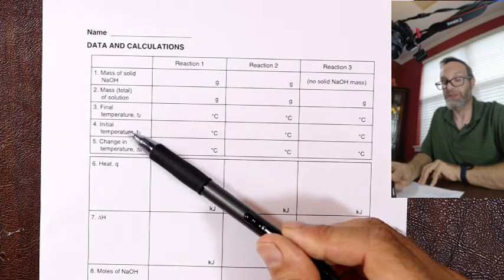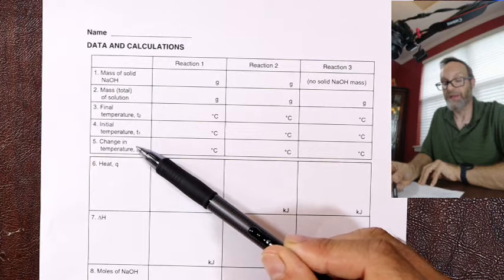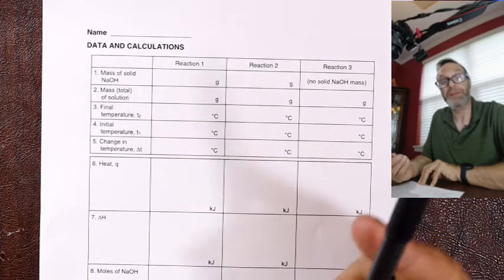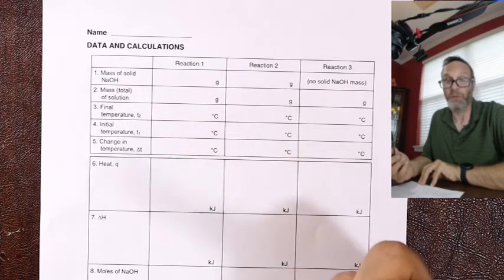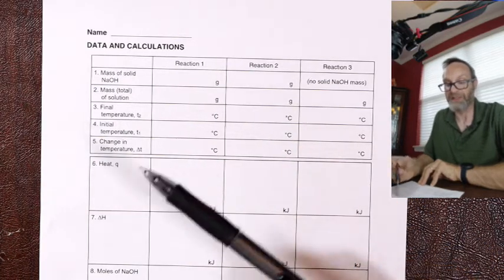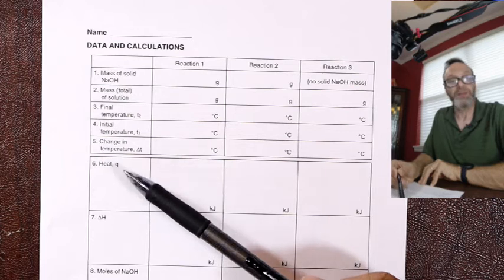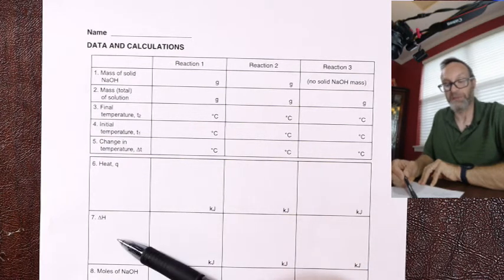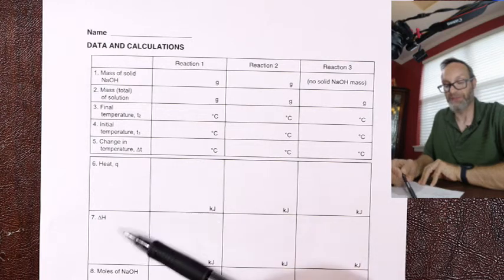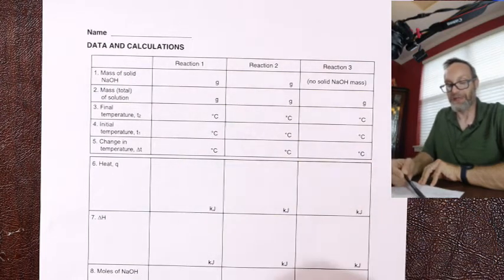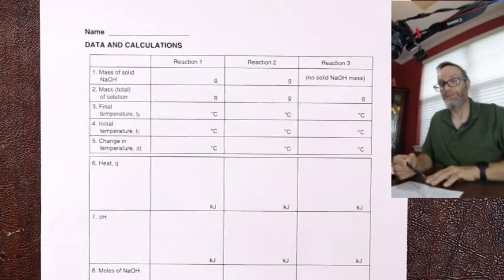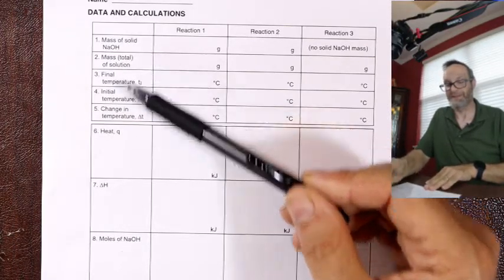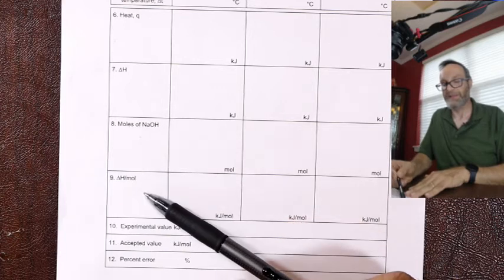Initial and final temperature to get delta T. Remember Cp is the heat capacity, which is the same as water, 4.184 joules per gram per degree C. Get a Q. If it's exothermic, Q is, you tell me, plus. So delta H would be minus, it's the same number, change the sign. Work out the moles from the mass, and then delta H in kilojoules per mole.